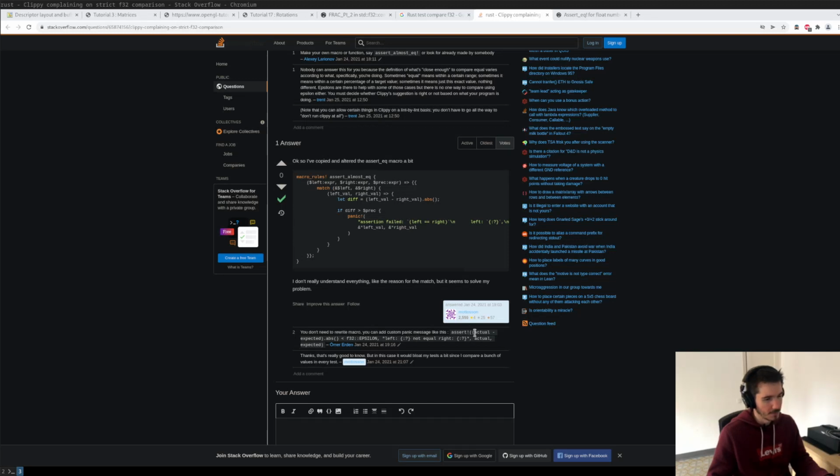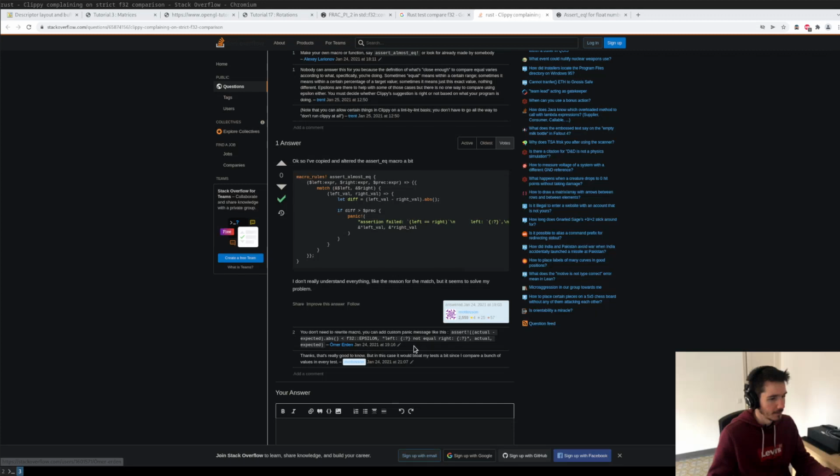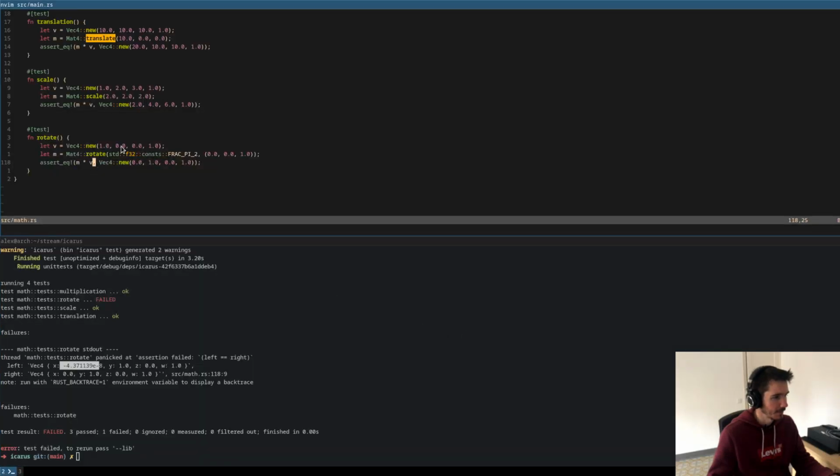So we want to assert that actual minus expected, but we don't have a way to subtract two vectors now.